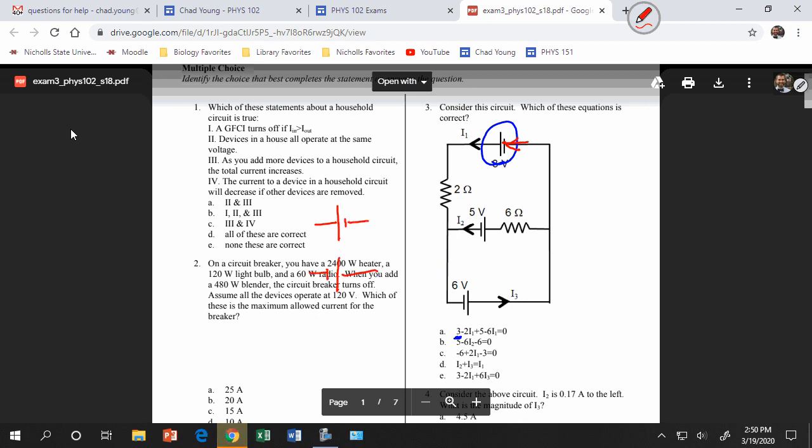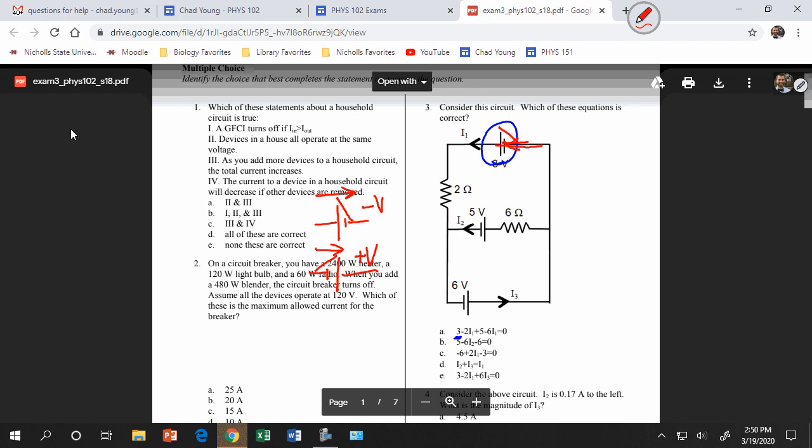If I'm going in this direction, that means I'm dropping in energy, so my change in potential is negative V. If I'm going in this direction from low to high potential, I'm increasing in energy, so I have a positive V. So in order to get a plus 3 volts, I have to be going in this direction.